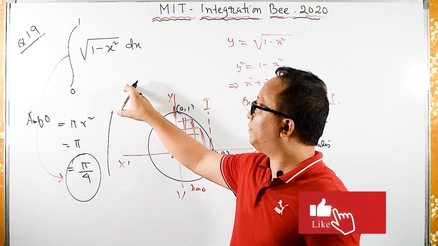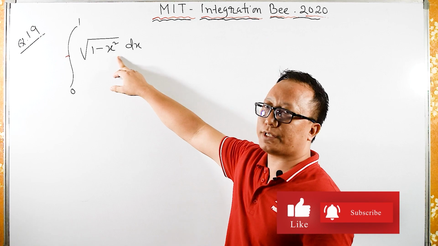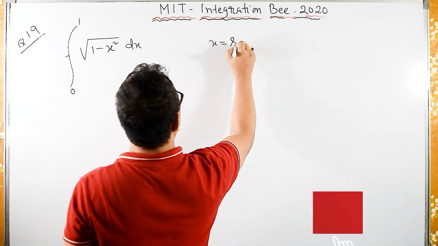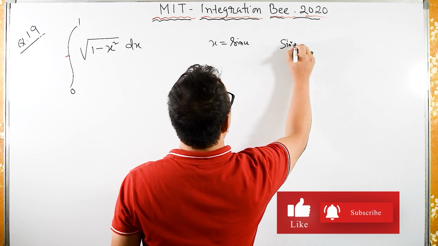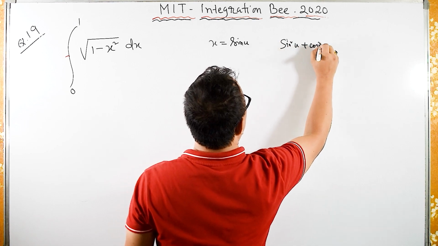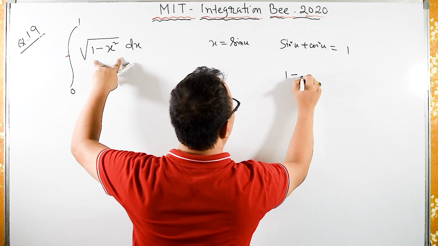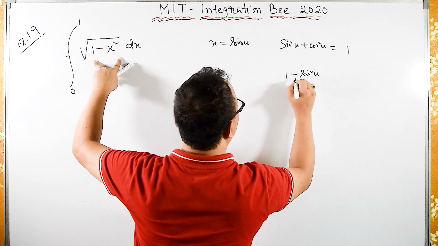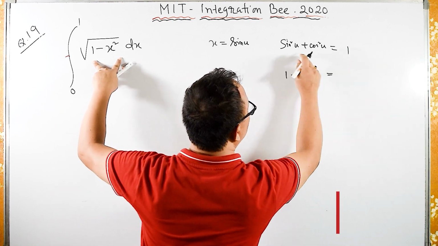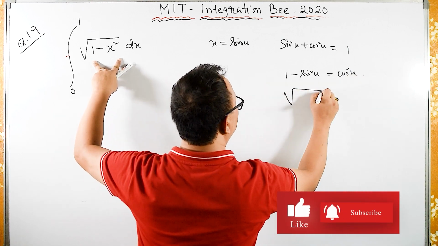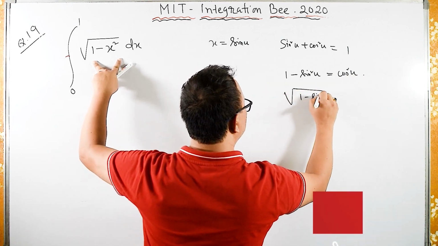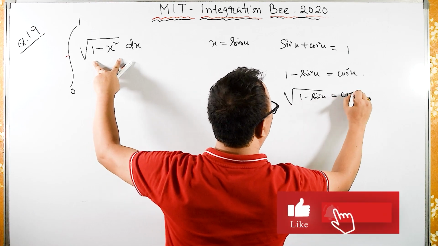Another way I will solve by substitution. So x equals sine of u. We know sine square u plus cos square u equals 1. So 1 minus sine square u equals cos square u. Now if I take the square root on both sides, root of 1 minus sine square u equals cos of u.